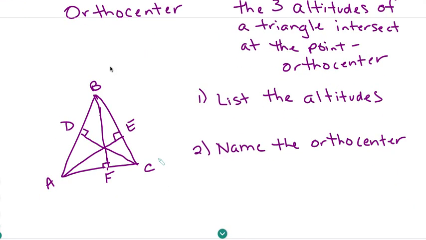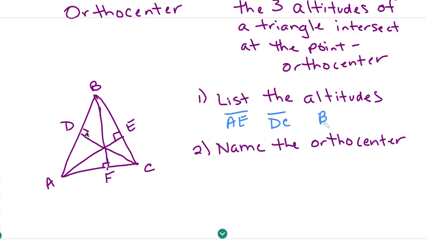In this case, we have 3 altitudes. We have AE, vertex to the opposite side, creating a right angle. We have DC, vertex to the opposite side, creating a right angle.